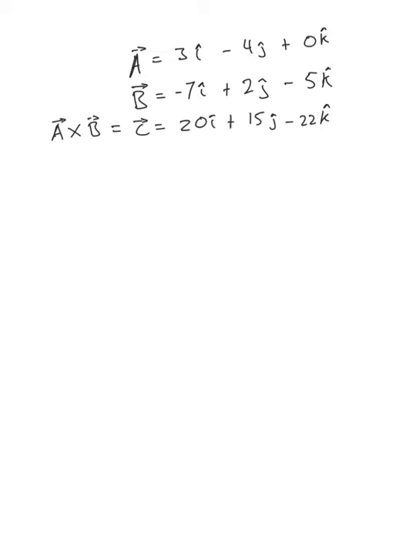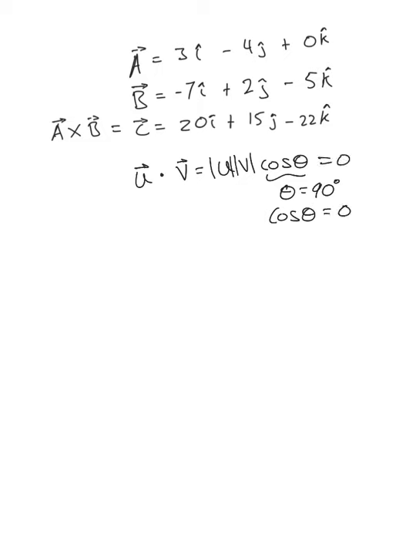If you remember, if I take the dot product of 2 vectors, u dotted with v, this is equal to the magnitude of u multiplied by the magnitude of v multiplied by the cosine of the angle between them. Remember that if this angle theta is 90 degrees, then the cosine of theta is 0, and the dot product of my 2 vectors is 0. So if the dot product of 2 vectors is 0, they must make a 90-degree angle with one another and therefore be perpendicular.